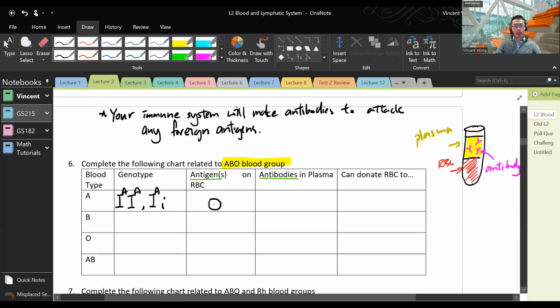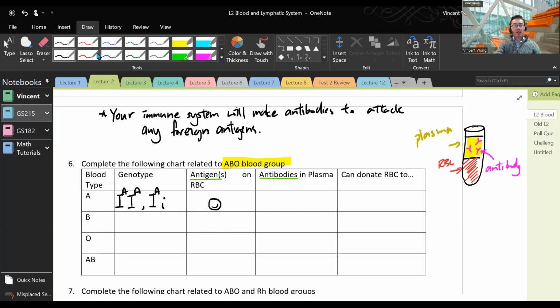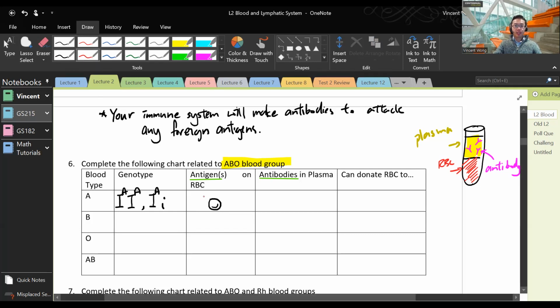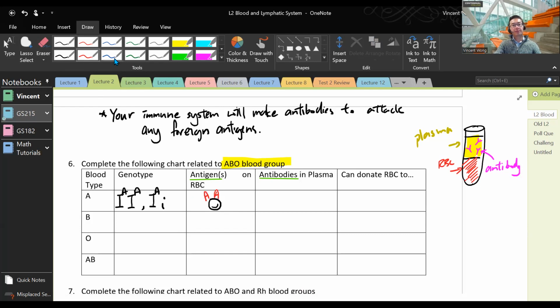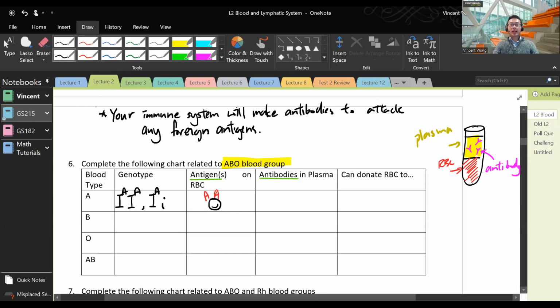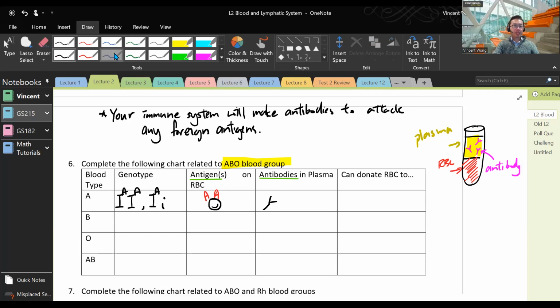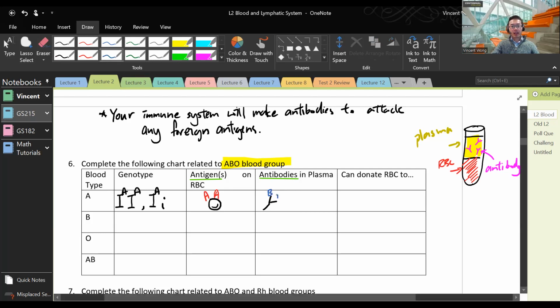Okay, so if I draw the red cell, which looks like a happy face without the eyes, then you would have the A protein on the surface. What kind of antibodies will you have in the plasma? Remember, you will make antibodies to attack anything that you do not have. Okay, so if you are type A blood, you do not have the B protein, and so you would have anti-B antibodies.